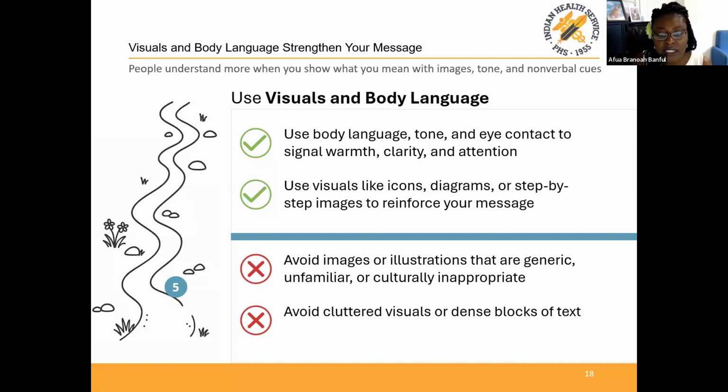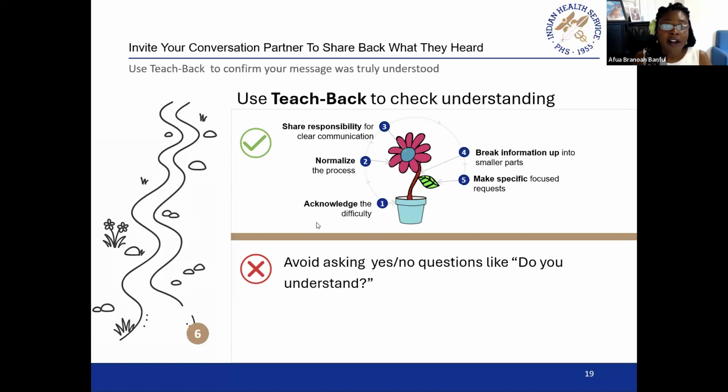Foods that are going to be recognized, or images where people can see themselves in it. I won't say too much on this particular one because we will talk about it more in the P for pictures and multimodal communication.